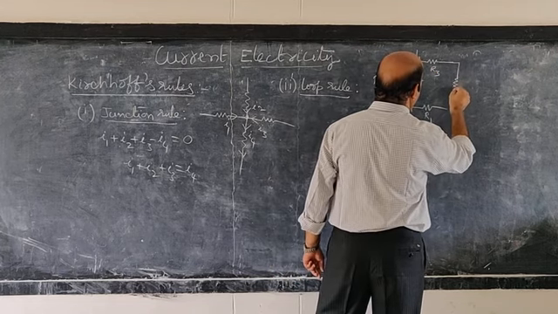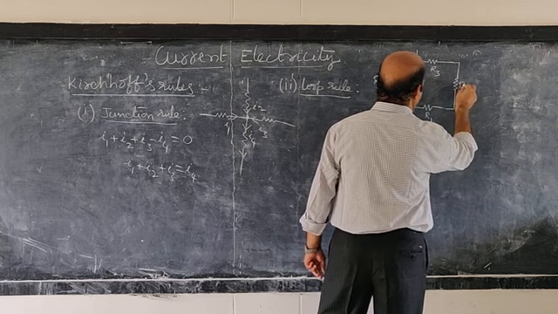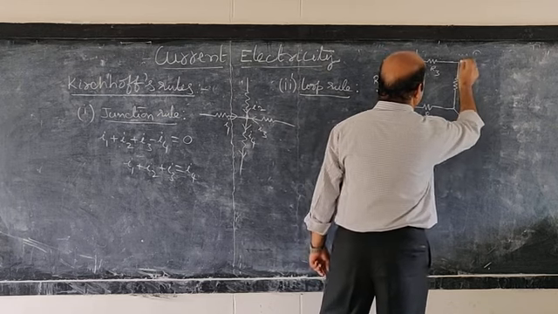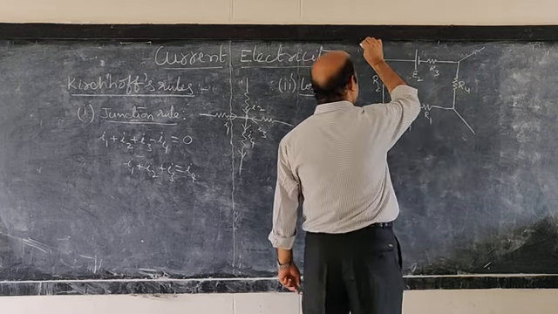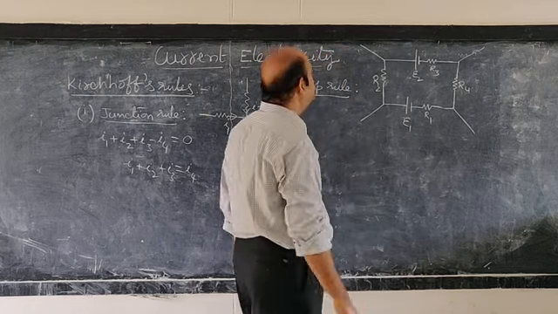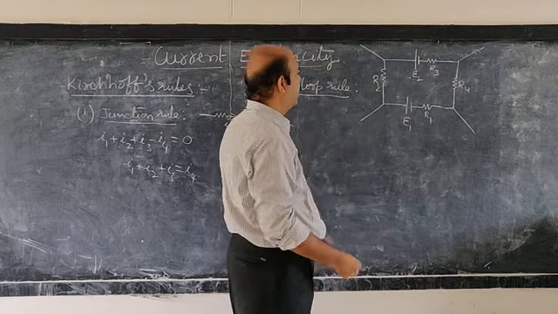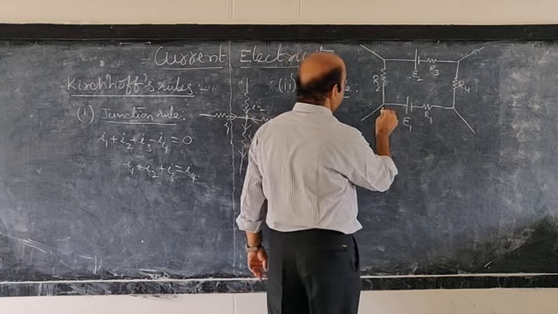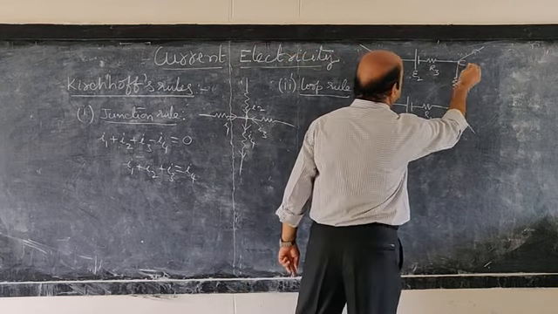Then here we take one more resistor, let us call it R4. So this is a part of a network and it is a closed path. Now let us say these points are A, B, C, E.